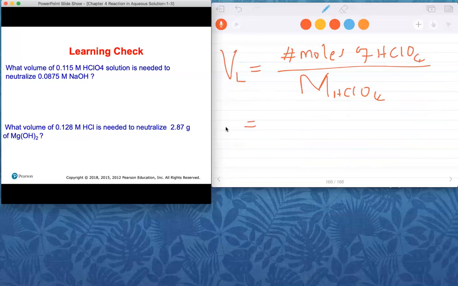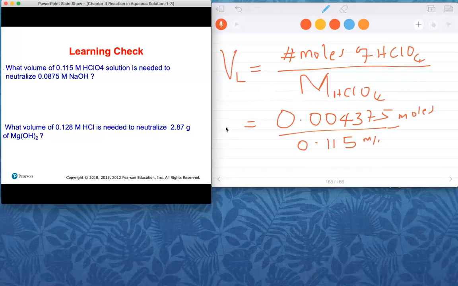We were given the molarity. We used the stoichiometry: 0.004375 over 0.115. This will be moles, and sometimes this is given as moles per liter. Moles and moles will go away, and you'll remain with volume in liters.